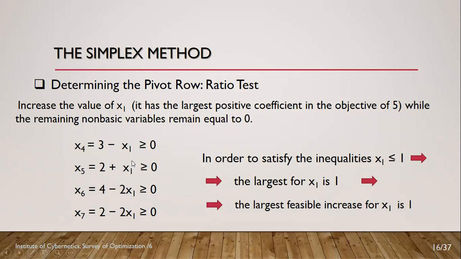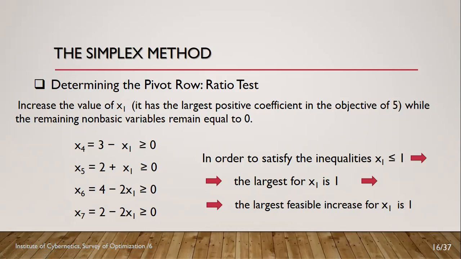Here the constraint part is converted to this set of equations. And remember that there was a non-negativity constraint, so all of them need to be greater than or equal to 0. In order to satisfy the inequalities, x of 1 needs to be no greater than 1, meaning that the largest feasible increase for x of 1 is 1.